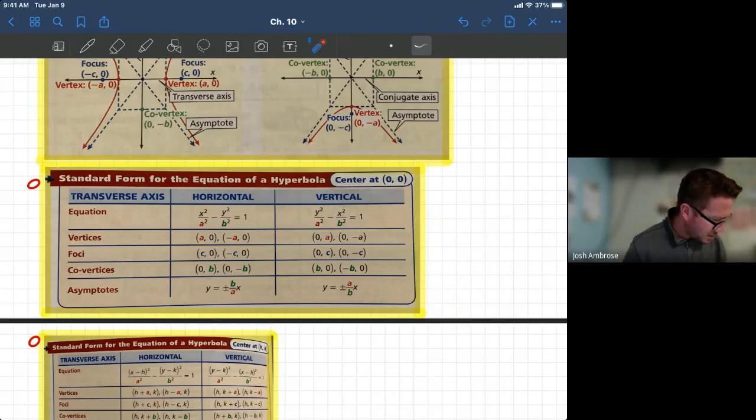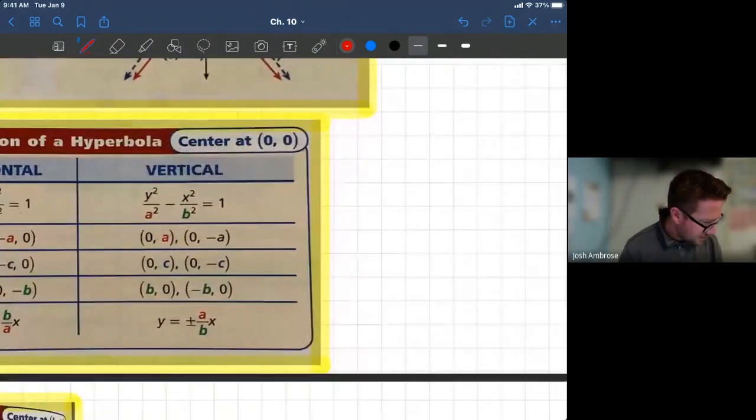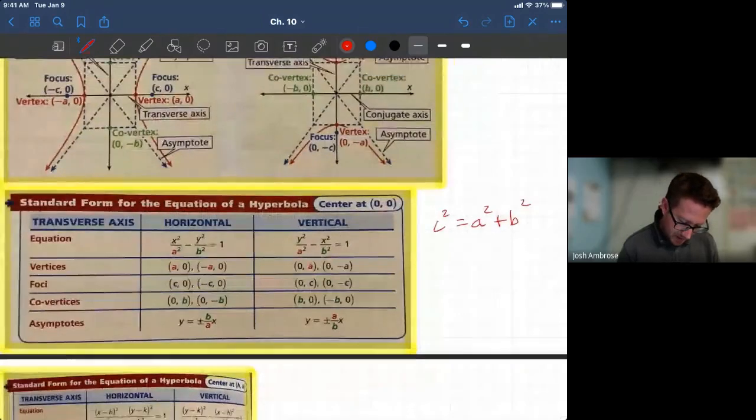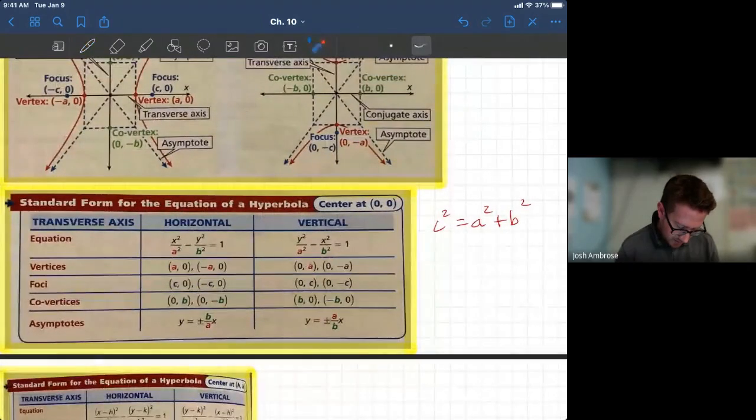I want to make sure I write this down again for you guys. There's that separate equation, C squared equals A squared plus B squared. That is the equation you use if they give you a foci and a vertex, meaning they give you A and C, or they might give you a co-vertex and the foci, meaning they're giving you B and C.